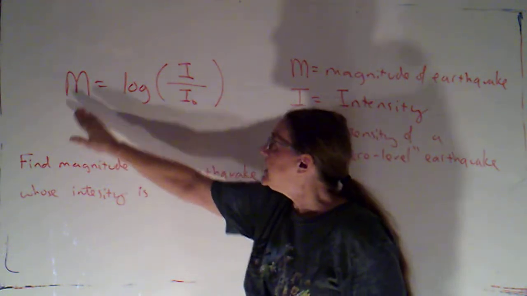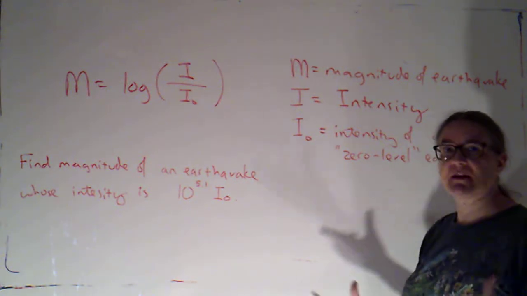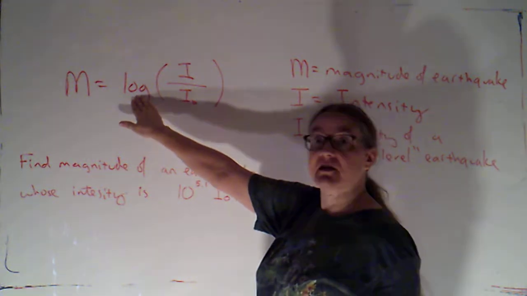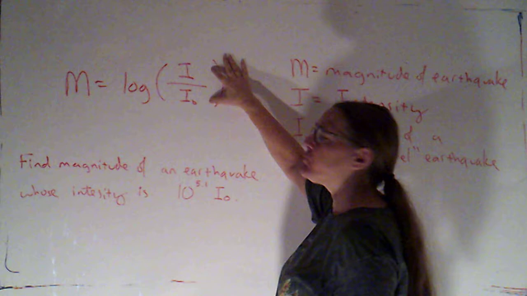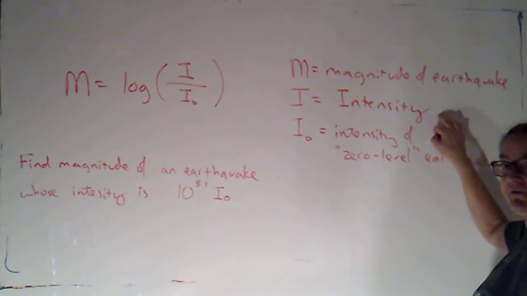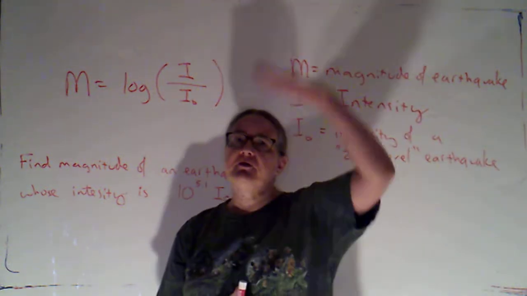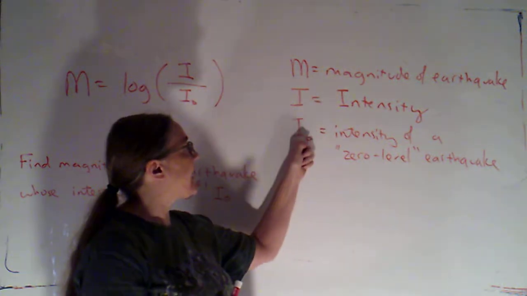So M is the magnitude of an earthquake, and that would be the measurement that we get on the Richter scale, okay? And it's defined as a log. It's the common log, because you'll notice I haven't written any base here, of this ratio, where I is the intensity of the earthquake, basically measuring the amplitude of the shock waves, divided by I naught.